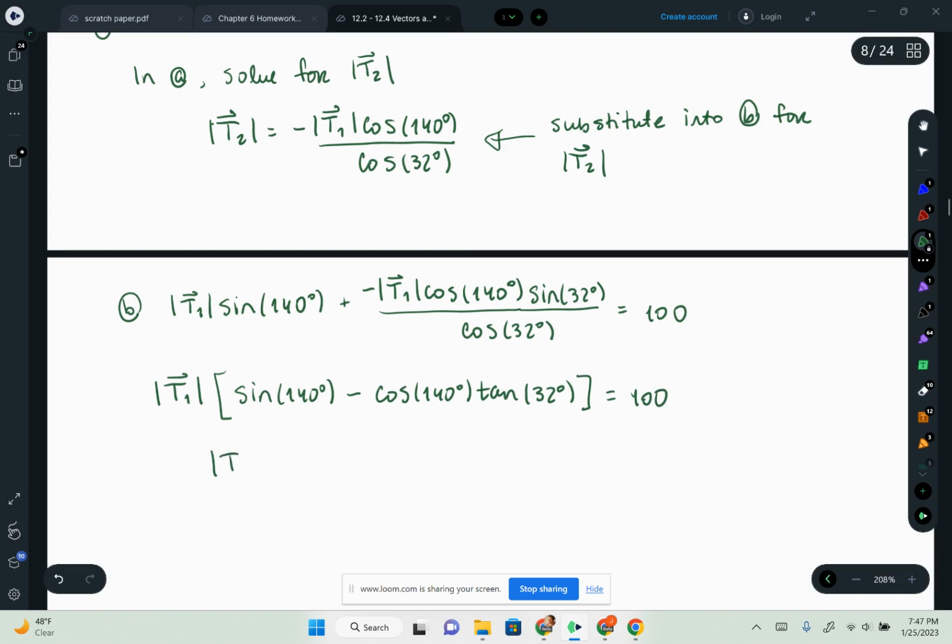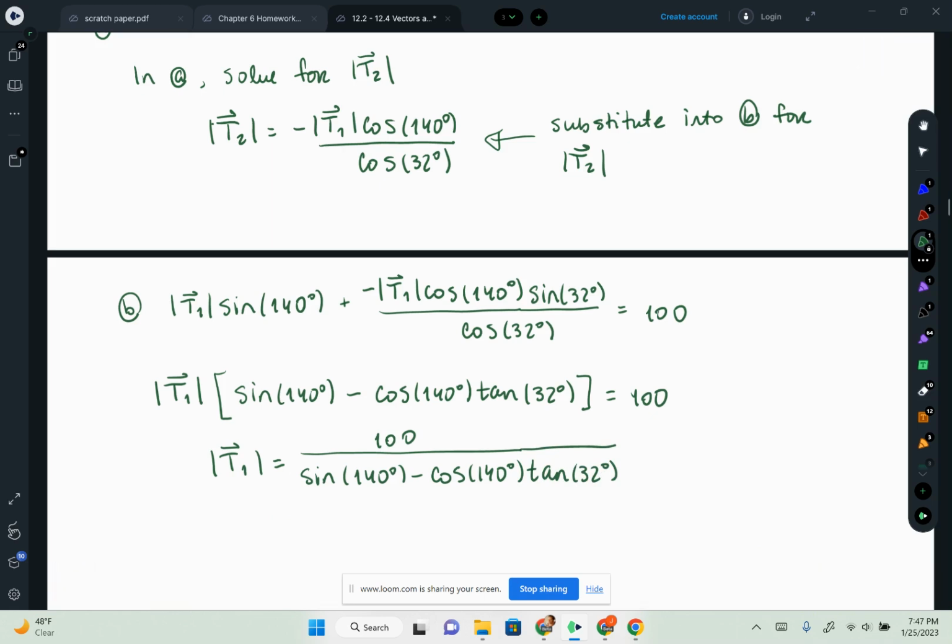Last but not least, I'm going to divide to get T1 in magnitude is equal to 100 divided by sine of 140 degrees minus cosine of 140 degrees times tangent of 32 degrees.